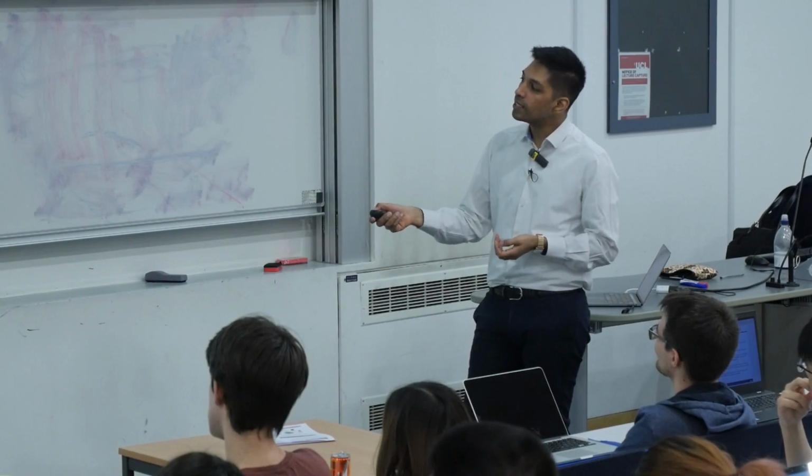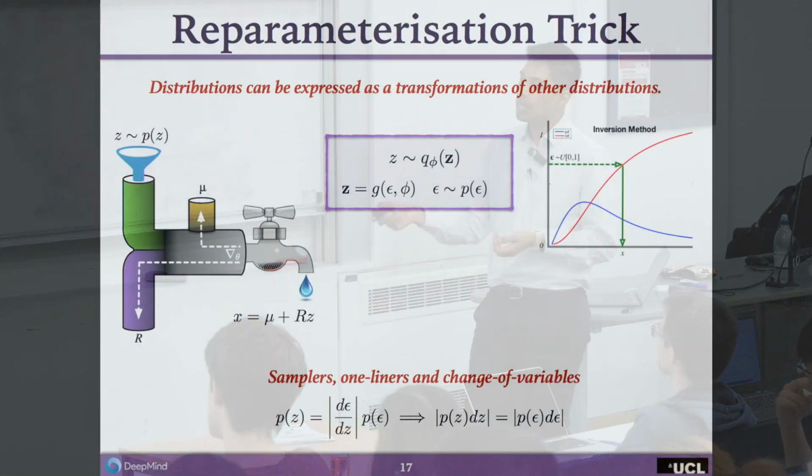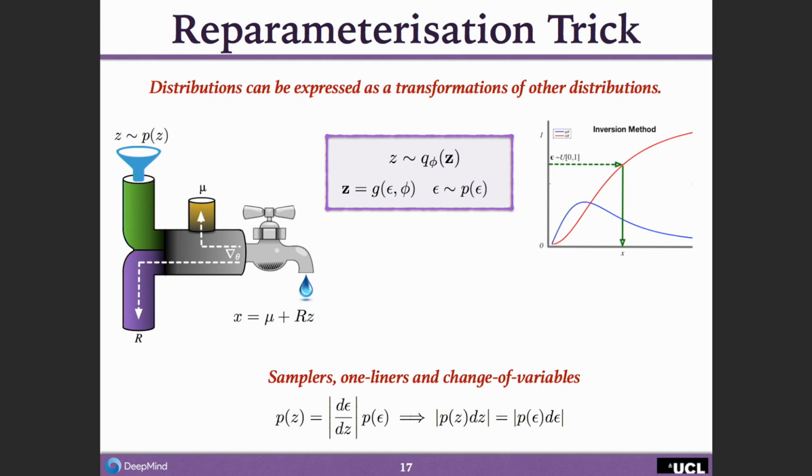But just know that this is the rule for the change of variables. If you have a distribution epsilon and you have some function that changes epsilon to z, like here, you can know the distribution p of z by computing this gradient and multiplying by the original thing. You learned this in calculus under the change of variables, and the rule is identical when we come to it in probability.